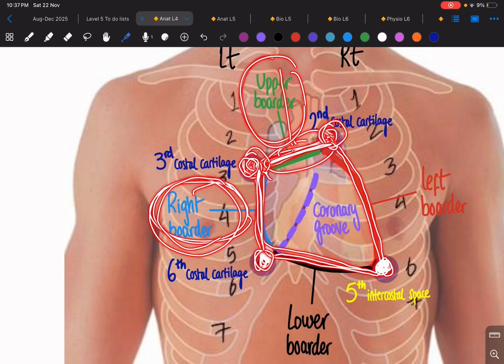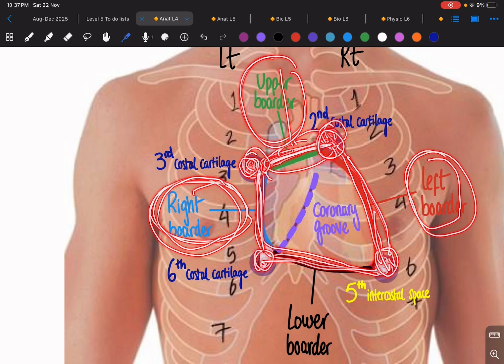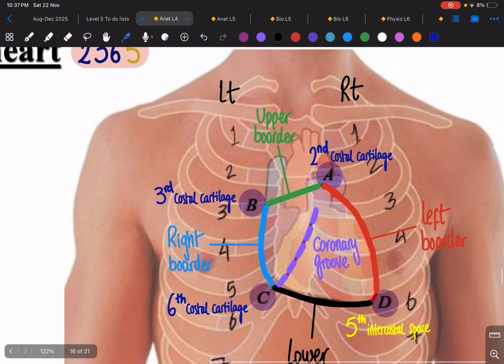Then the left border is going to be between point A and point D. And last thing here, between point C and point D, we're going to have the lower border. Okay, so here there's a mistake. Let's fix it.